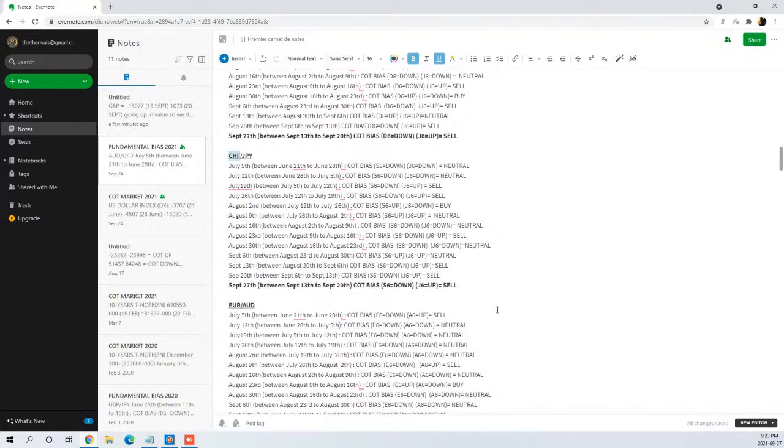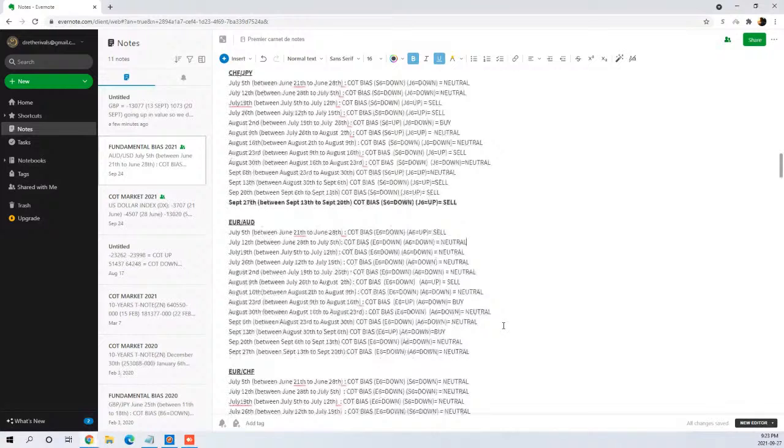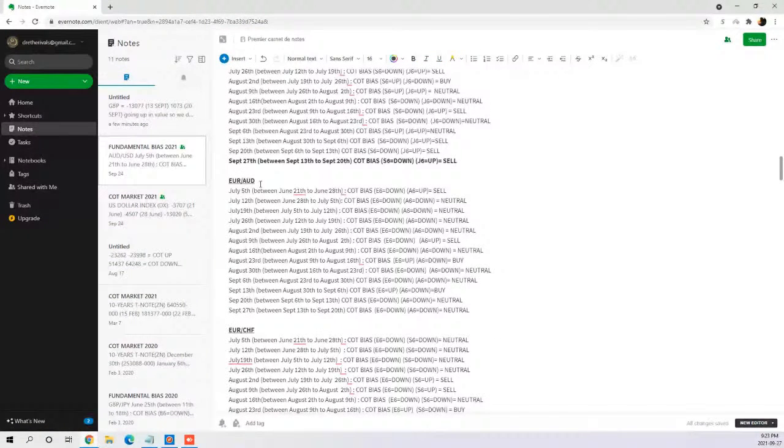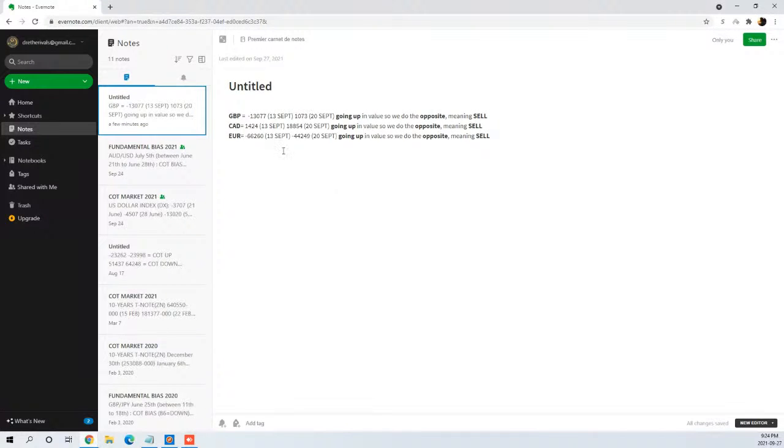So this is a sell. Euro AUD, as we looked at in our example here. The euro, the data is going up in value. So we're doing the opposite, which means we're selling it.